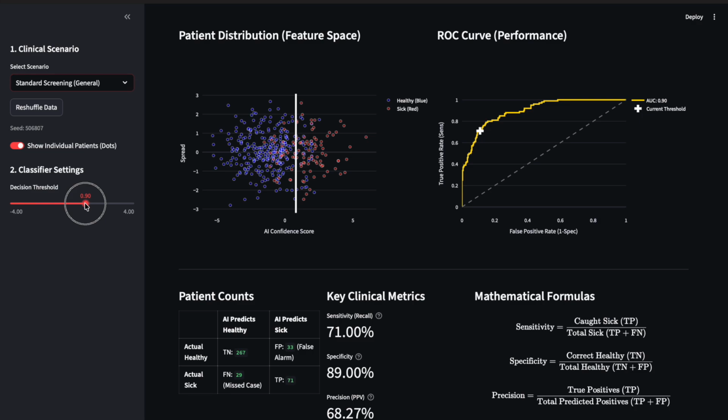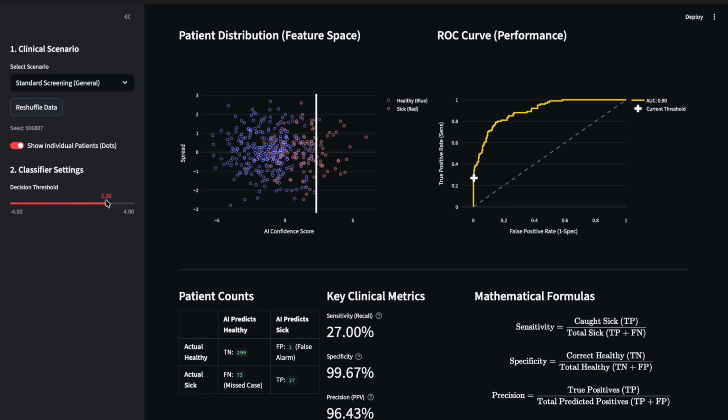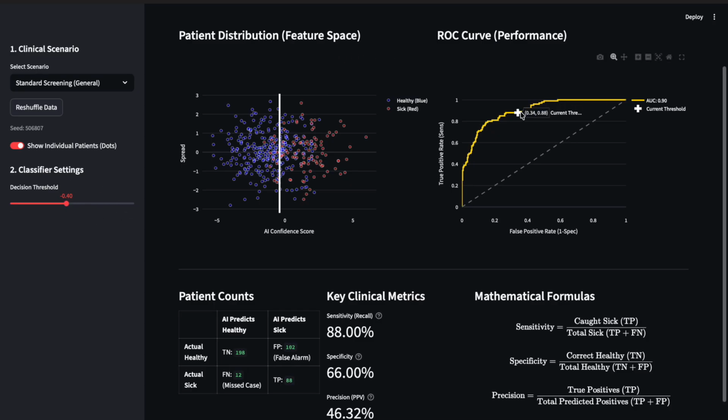If we move to the right, we make the model more accurate but less sensitive. This means the current threshold goes here. So we have not many false positives, so specificity is very high, but sensitivity is very low. And this curve is the curve of the trade-off. If we want to increase sensitivity, we have to reduce our specificity.